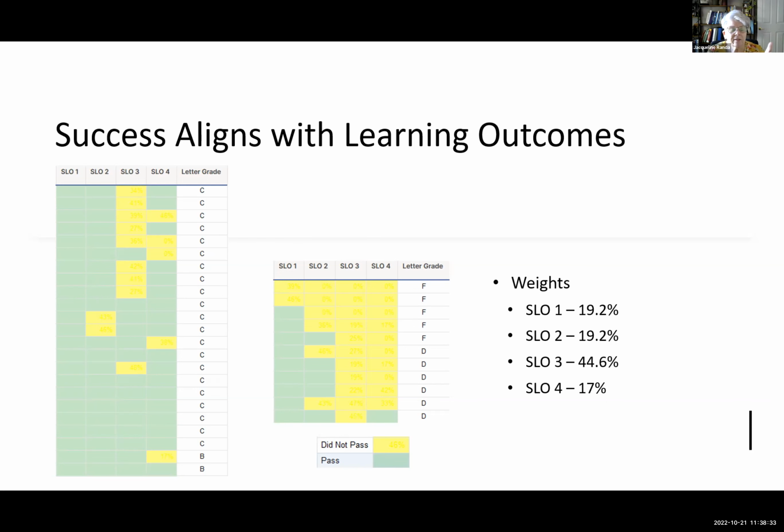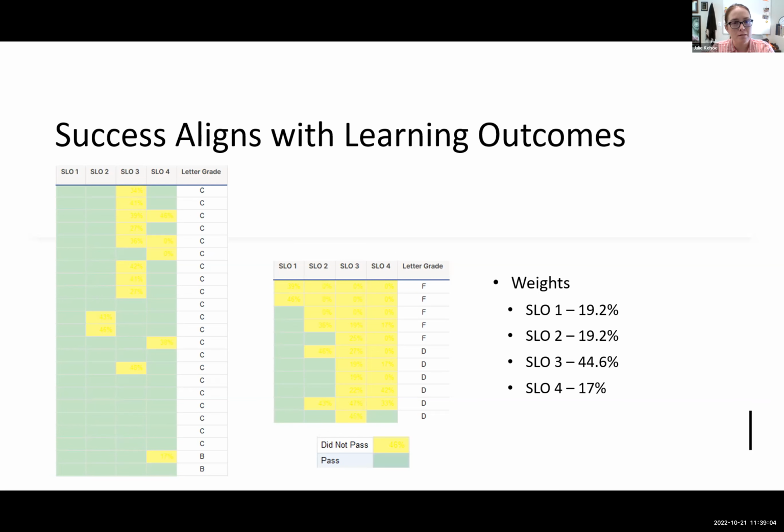So clearly SLO3, which in your weights is weighted quite heavily, is really important, and yet about 50% of your students struggle with that. So that part of the chart to me stands alone, and combining it with the grades on the right side dilutes it and muddies the water. Does that make sense? I think so.